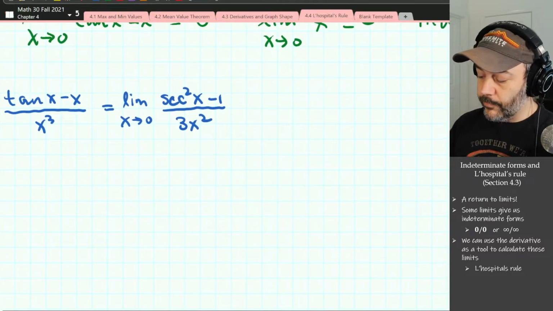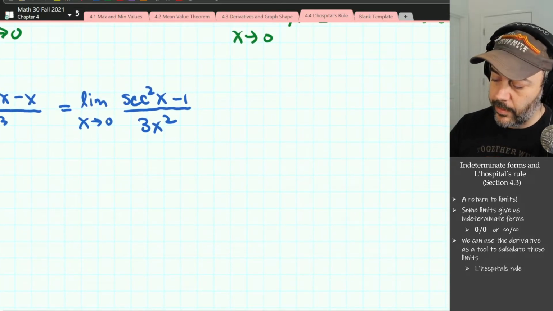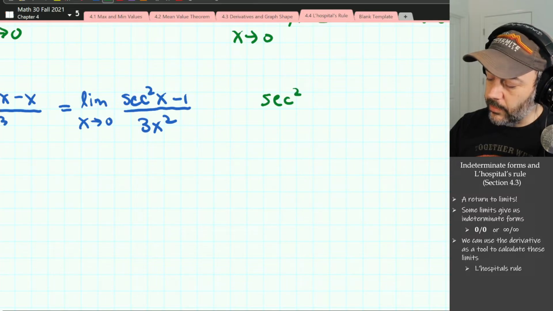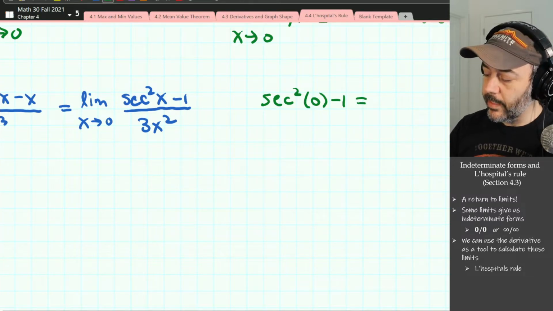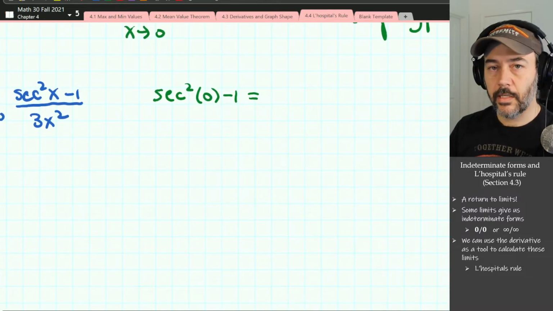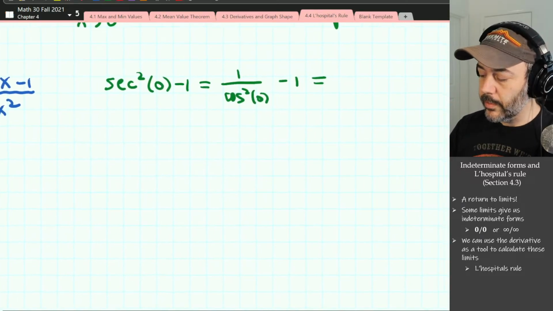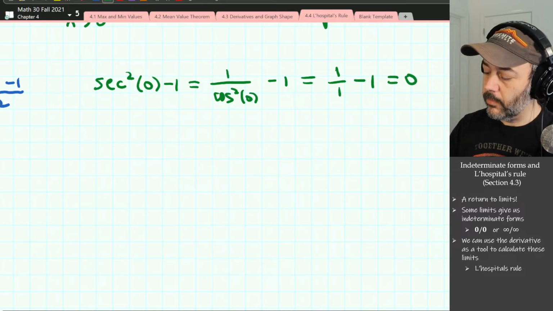And just to not write everything out every single time, I'm going to just show that secant squared of 0 minus 1 is, by the way, secant squared is 1 over cosine squared. So this is 1 over cosine squared of 0 minus 1. Well, cosine of 0 is 1, so this is 1 over 1 minus 1, so this is 0.